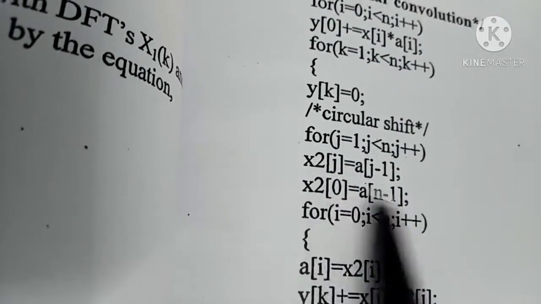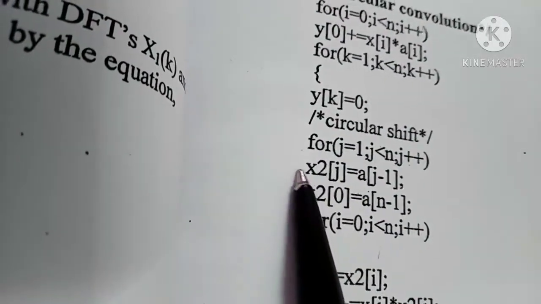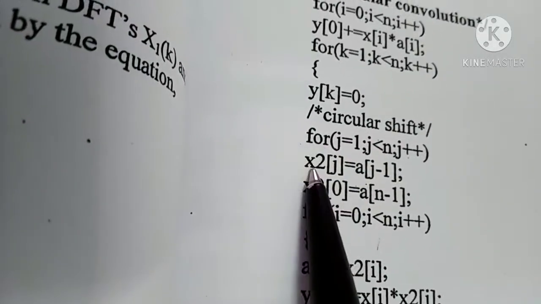First we are shifting using a for loop. If there is no bracket after the for loop, it takes one statement only, so it will execute that statement so many times, and the next statement will be executed only one time. After this, just multiply and add: 1 into 1, 1 into 2, 1 into 2 plus 1 into 4, 2 into 4 and 1 into 3, just multiply and add to get the second value.